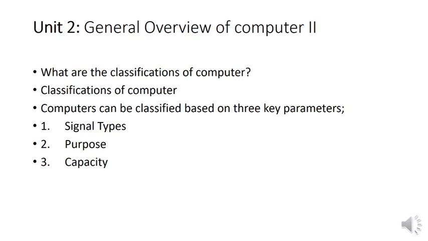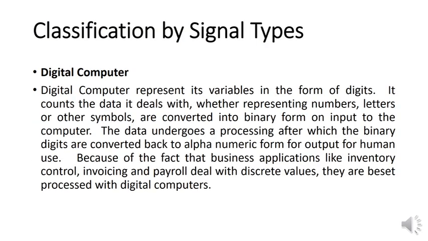So, classification by signal. If we are asked to explain what we mean by classification by signal, that will take us to the digital computer. A digital computer represents its variables in the form of digits.